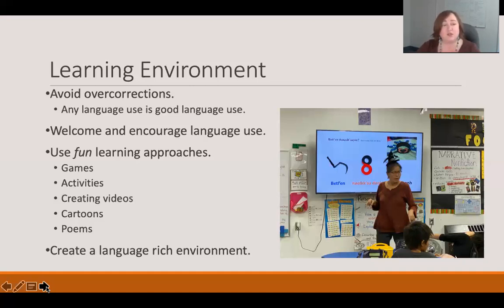They can create cartoons. You can have poetry contests, songwriting contests. Once students have enough language that they feel comfortable being creative in the language, you give them those opportunities to be creative. And you just are having language everywhere, visually, auditorily.